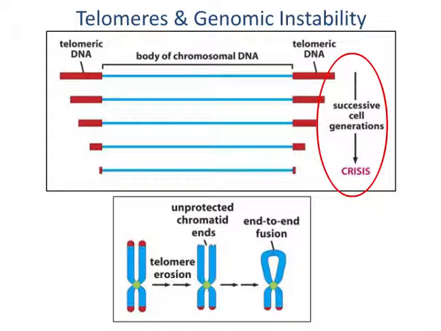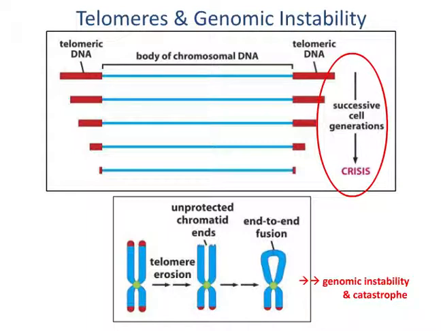If they fail to undergo senescence and continue to replicate, the ends of the chromosomes will become damaged and DNA repair mechanisms will attempt to repair the damage and create end-to-end fusions of unprotected sister chromatid ends. When the cell attempts to separate the sister chromatids, more breaks ensue, resulting in what's known as genomic instability.